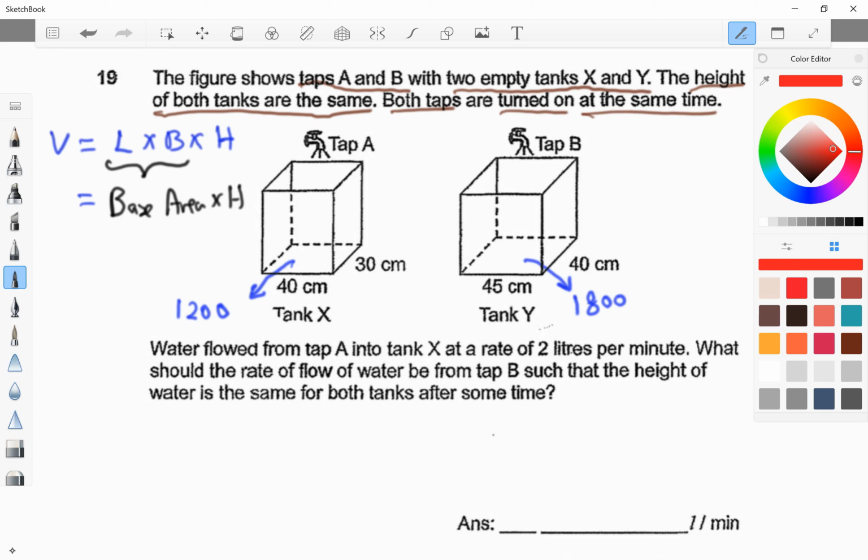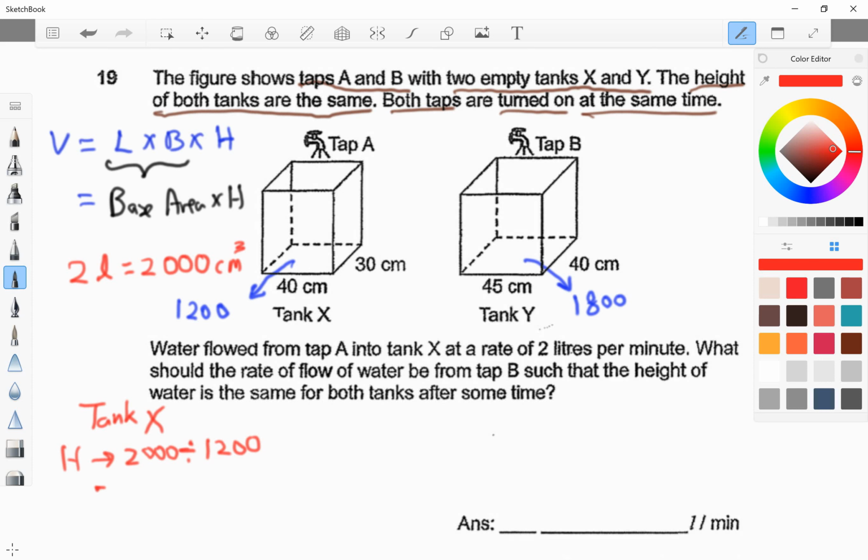Since the volume is 2 liters for tap A, 2 liters is actually 2000 milliliters, 2000 cm cube. So the height every minute for tank X will be 2000 divided by 1200.